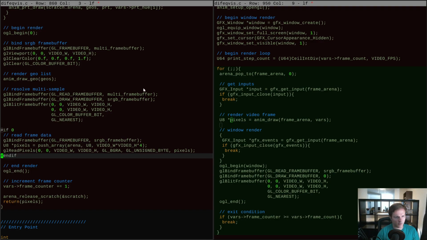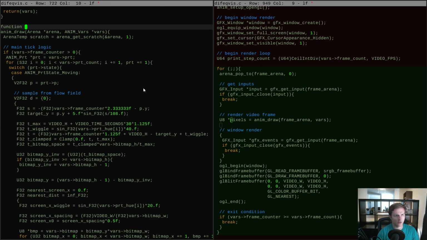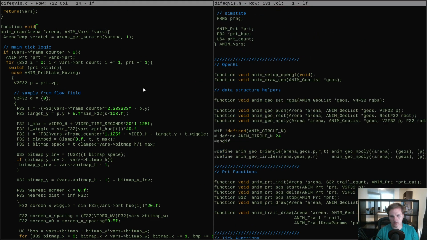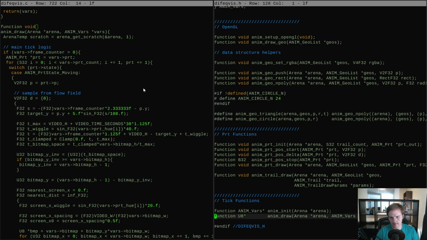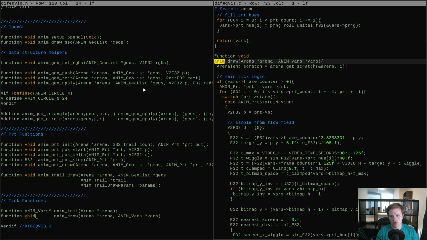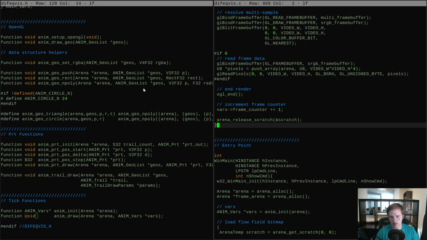I'm going to say no, don't bother doing that. We're not doing this thing in this particular program. So no pixels. That's going to help with frame rate a good amount.